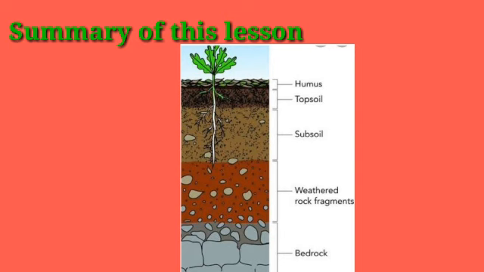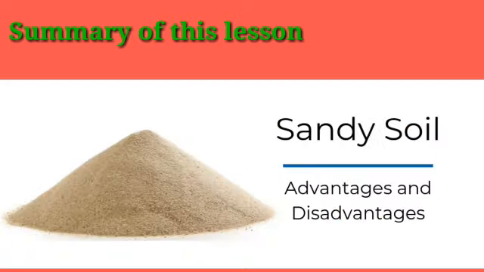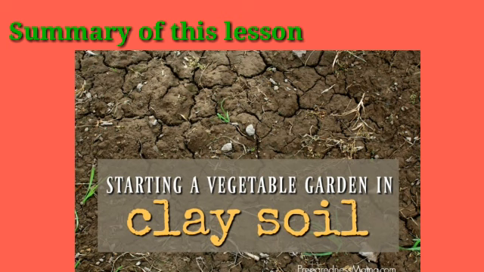After that, we discussed the types of soil. The first one is sandy soil. Sandy soil is the poorest soil because its particles are very far away from each other. They can't hold much water and it does not contain much humus. Second, we learned about clayey soil.